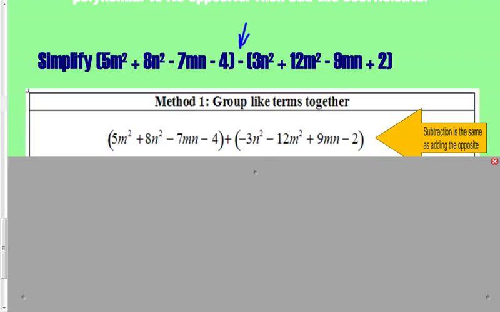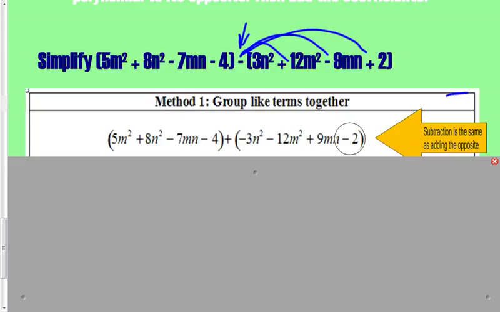So essentially what we're doing is we're just distributing the subtraction sign to all the parts. So that becomes a minus 3n squared. That's where we get right here. Distribute here. Minus 12m squared. That's where that is. Minus and negative become plus. And then minus 2. Okay?